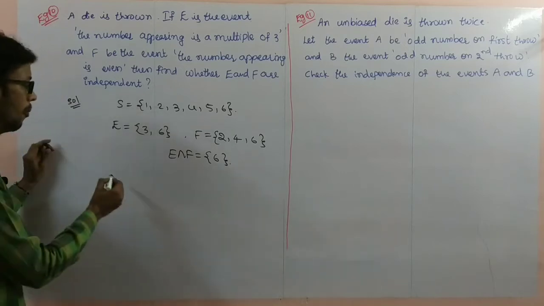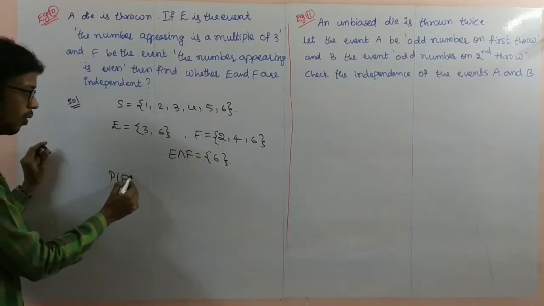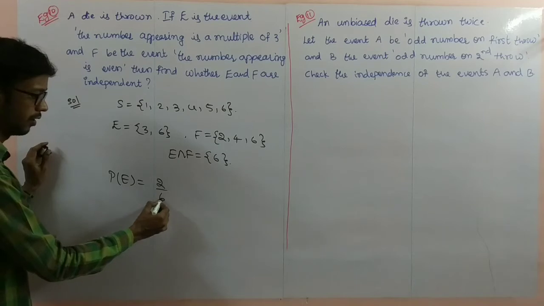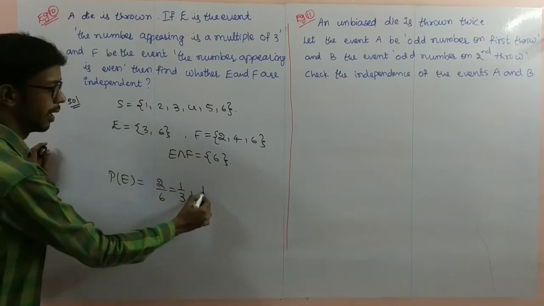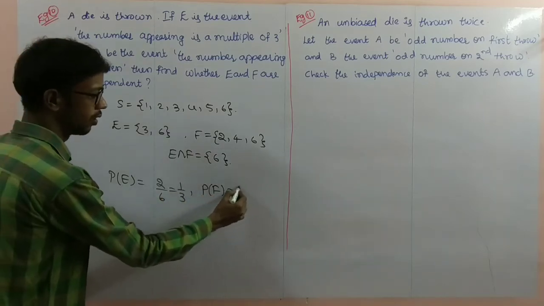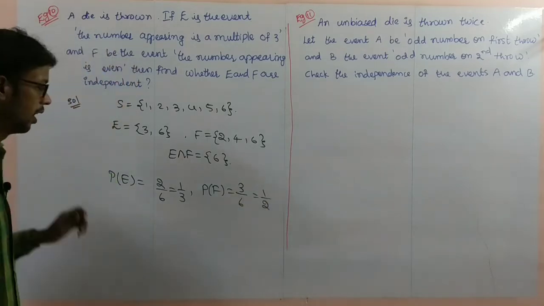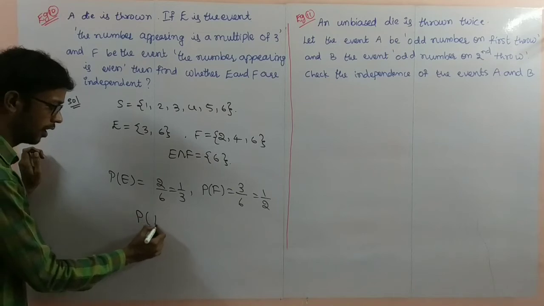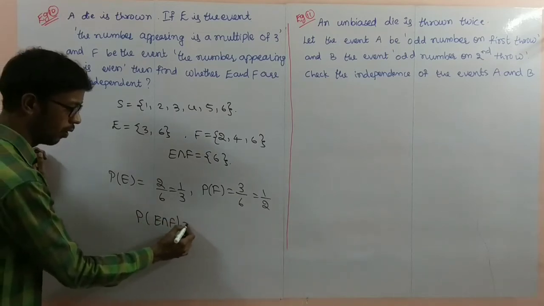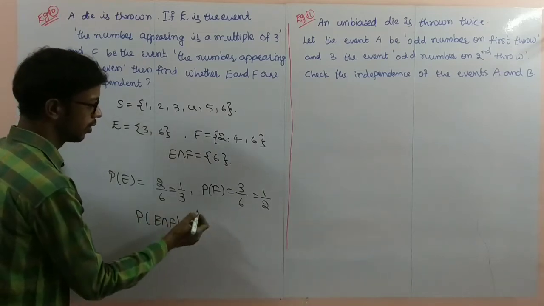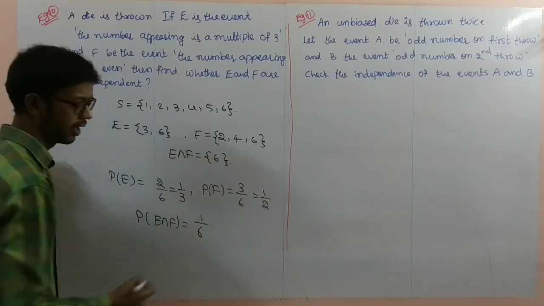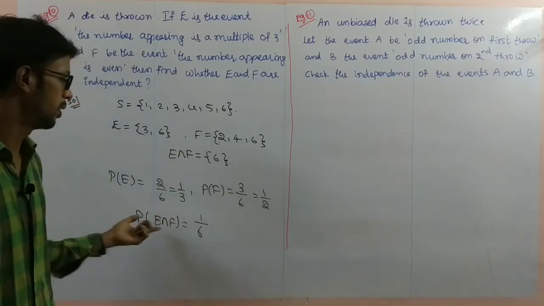So now probability of E is equal to 2 by 6, that is 1 by 3. Probability of F is equal to 3 by 6, that is 1 by 2. Probability of E intersection F is equal to 1 by the total number of outcomes, 6. So these are the probabilities now.